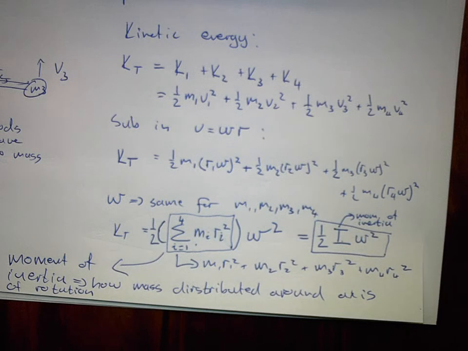For different types of objects, all cylinders have got a similar moment of inertia. All rectangles have got a similar moment of inertia. So if you've calculated it for a certain type of object, like a sphere, a cylinder, a hoop, a rectangle, or a square, a cube, you've done it. So it's not something you have to do every time.